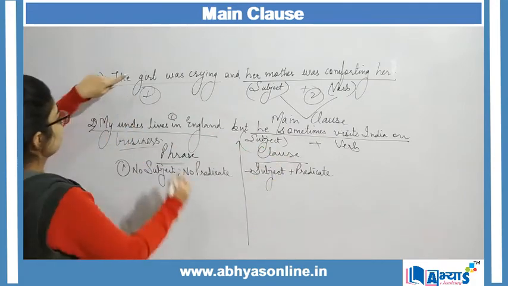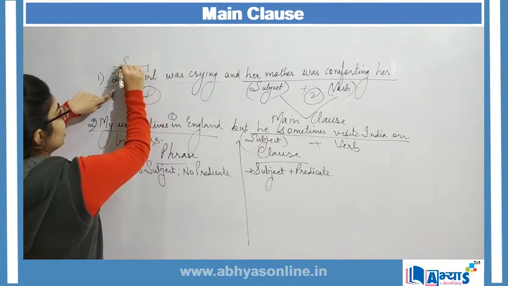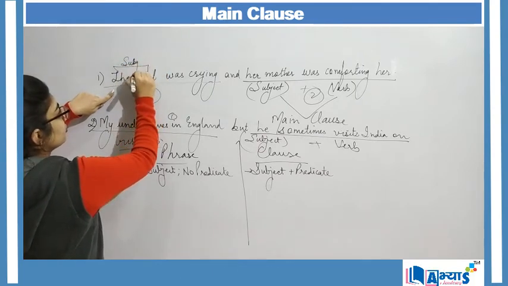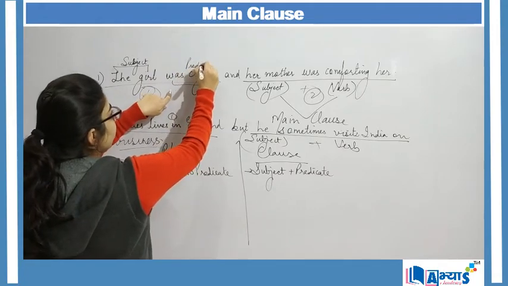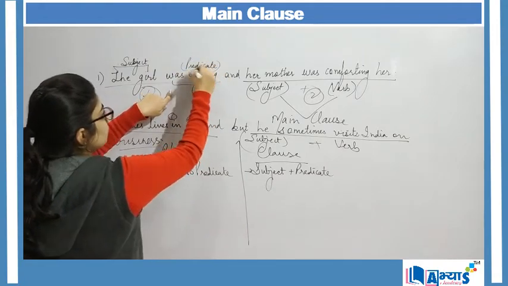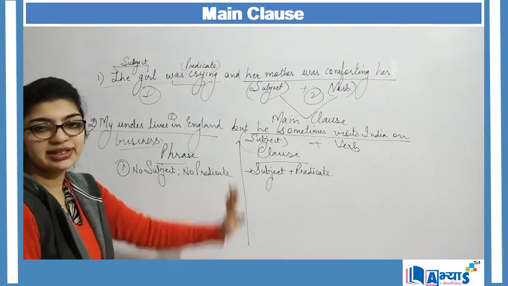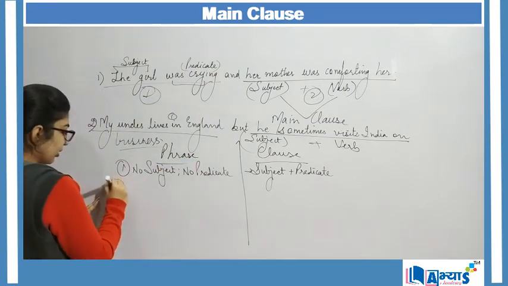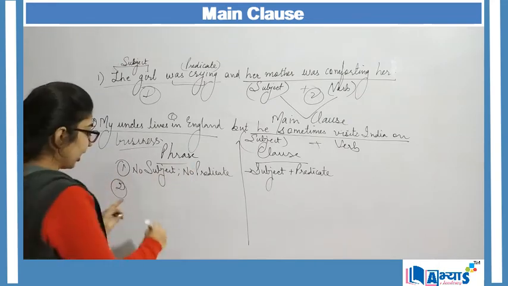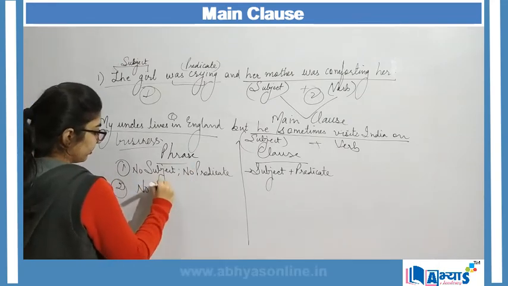Like I said, the girl over here is a subject. Was crying, I can say, is my predicate. And the predicate is containing the verb. Next is, a phrase contains no verb.